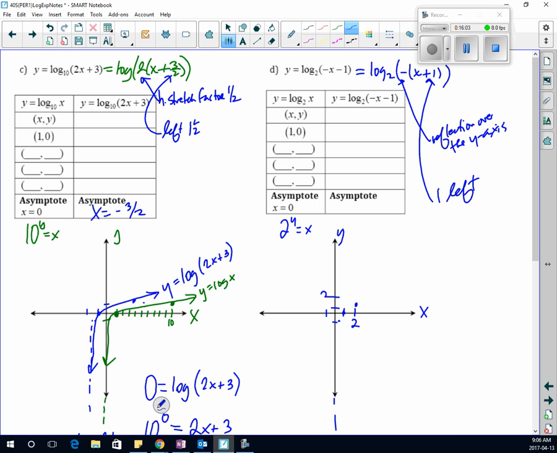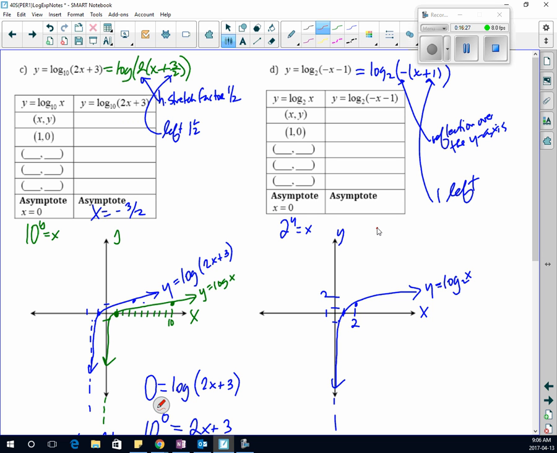So it's right there like that. Okay, everybody see my 3 points to move? Okay, so we're going to reflect over the y-axis.